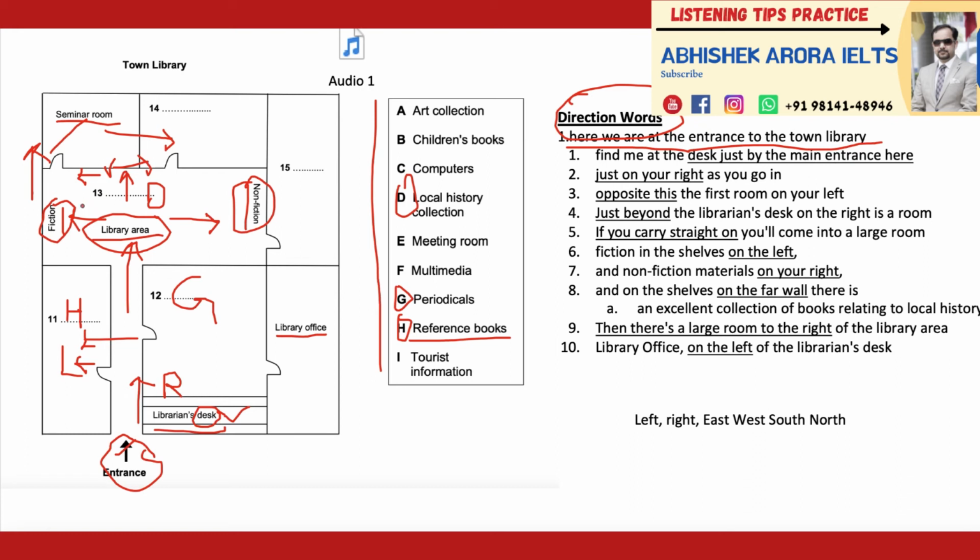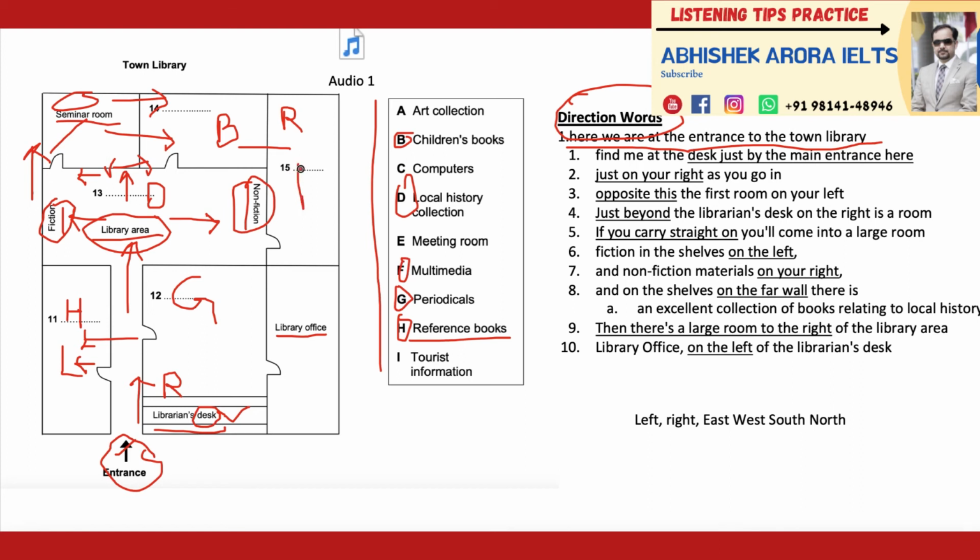Just past the fiction shelves is a seminar room, and that can be booked for meetings or talks. And next door to that is the children's library, which has a good collection of stories and picture books for the under 11s. Then there's a large room to the right of the library area, that's the multimedia collection, where you can borrow DVDs and so on.